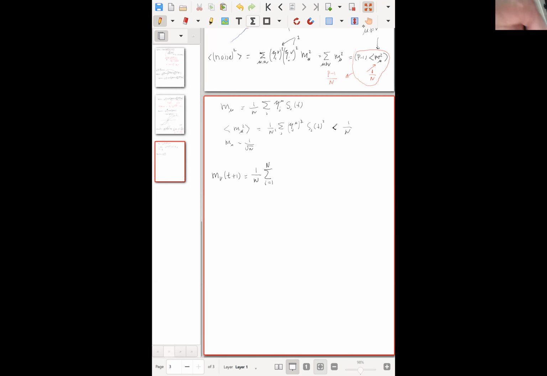Sorry, my n's sometimes look like w's. So if you see a w, there's a good chance it's an n. Of tanh of beta m nu of t plus beta times squiggle i. Actually, let's put beta.